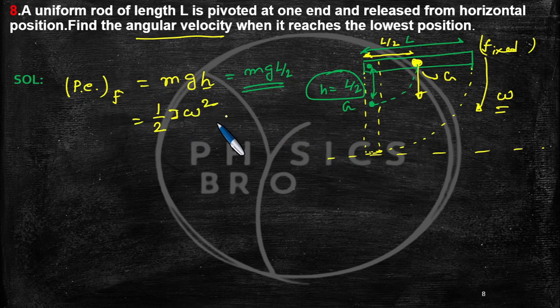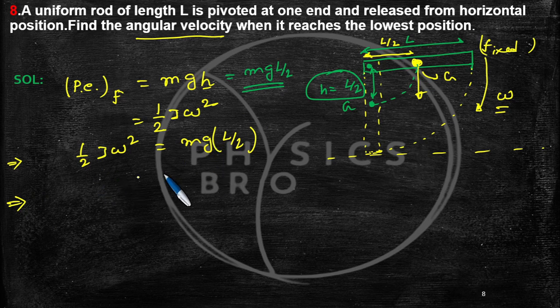So the equation gives us half I omega square equals mg into L by 2. This is not L but L by 2 because of the position of the center of gravity. Now there comes omega square equals mgL by I.